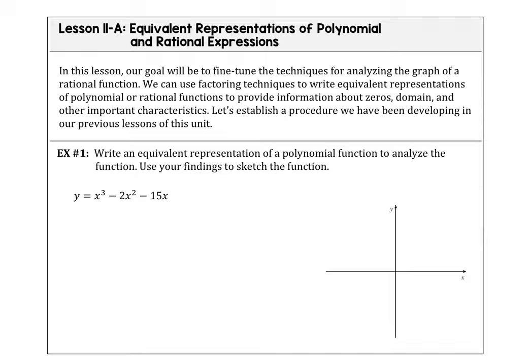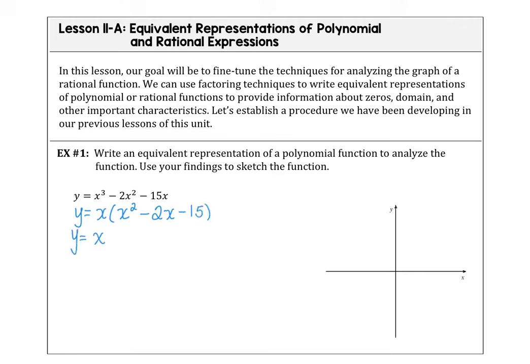In example 1, we want to write an equivalent representation of the function to be able to use that equivalent representation and find features that we could use to sketch the graph. So thinking about factoring, if we factor out the greatest common factor of x, that leaves a polynomial of x squared minus 2x minus 15.